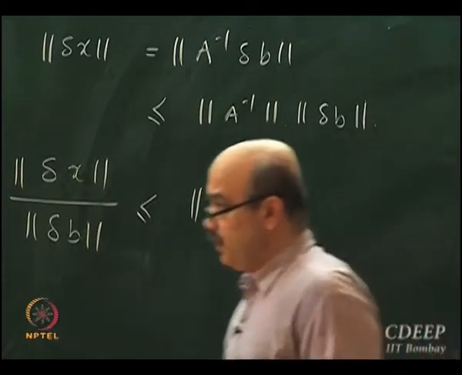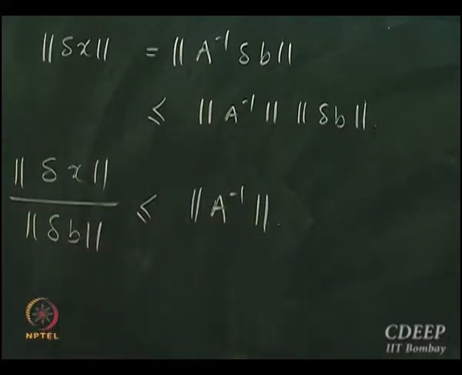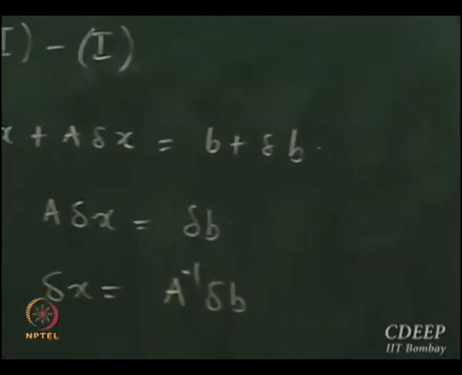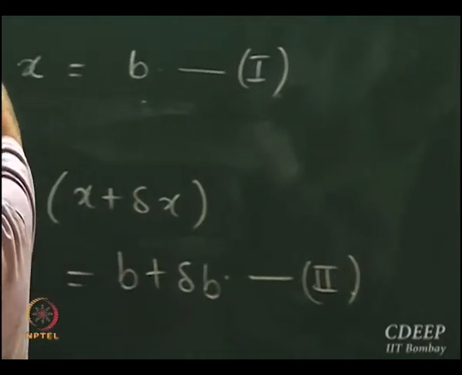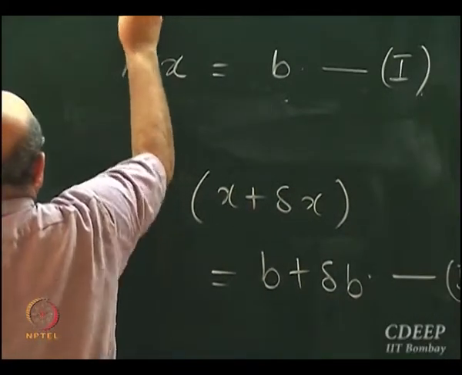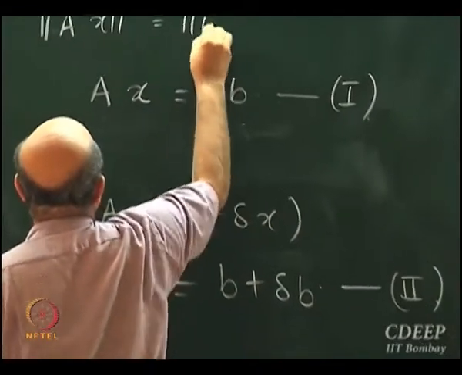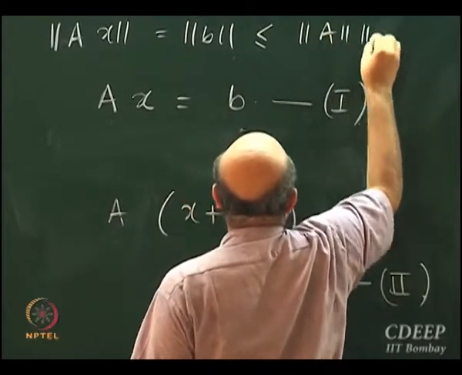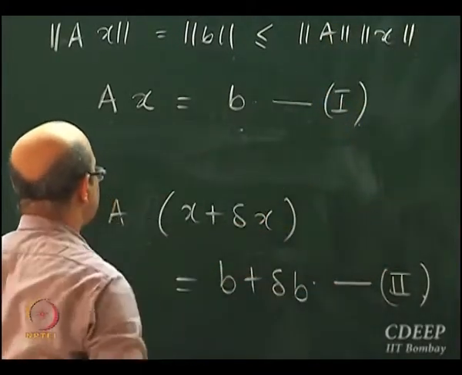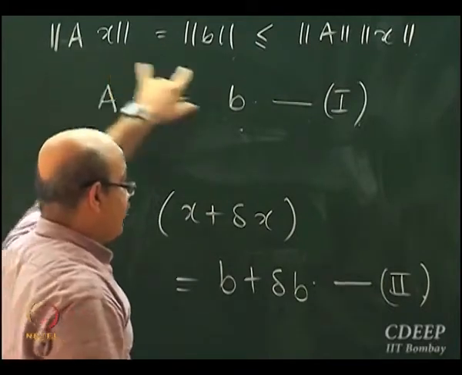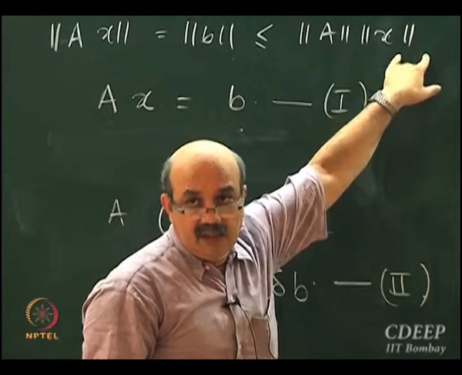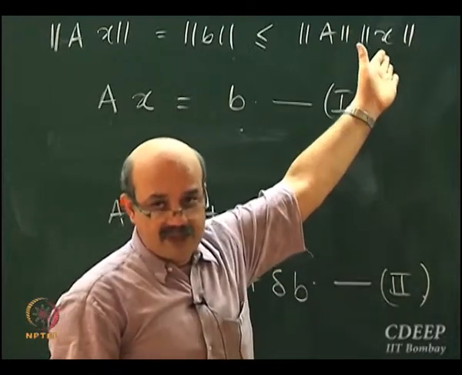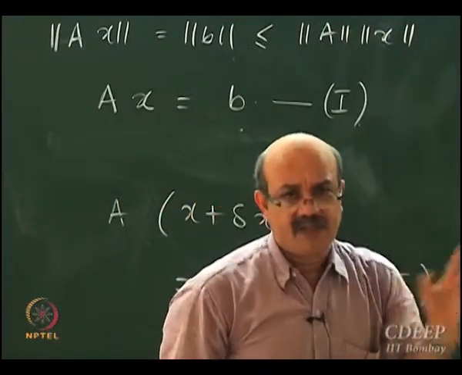So now I am going back to this first equation, Ax equal to B. So norm Ax, which is norm B, is less than or equal to norm A norm X. This is the fundamental inequality which defines the matrix norm. I am just using the definition of induced matrix norm.